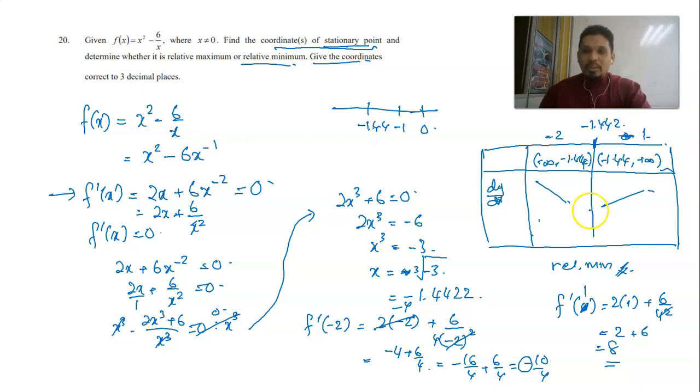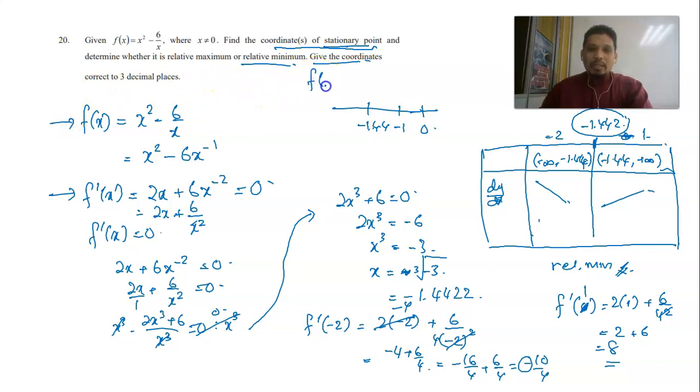In between here, from decrease to increase, the change from negative to positive is at negative 1.442. On the x and y axis, we need the coordinate. When we talk about the coordinate or points, we need two values, which is x and also y. So in this case, substitute the value of negative 1.442 into the function f(x).